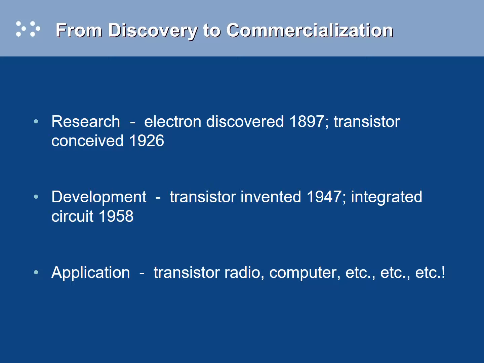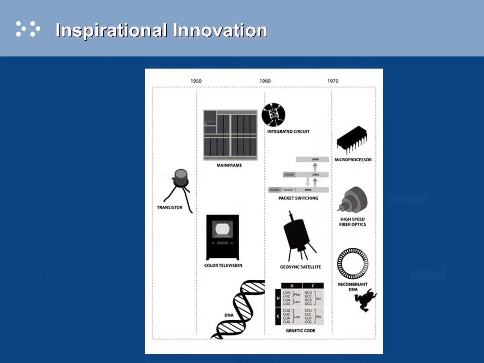So this provides you a really good idea of research, basically figuring things out, development, coming up with bits and things, and then application. How do you take the development and put it in a form where the innovation can add value and enrich lives? Incidentally, the Nobel Prize in Physics was awarded for the development of the transistor in 1956.